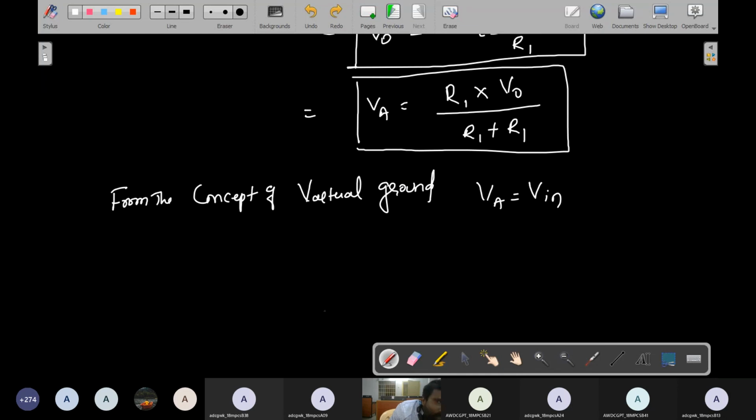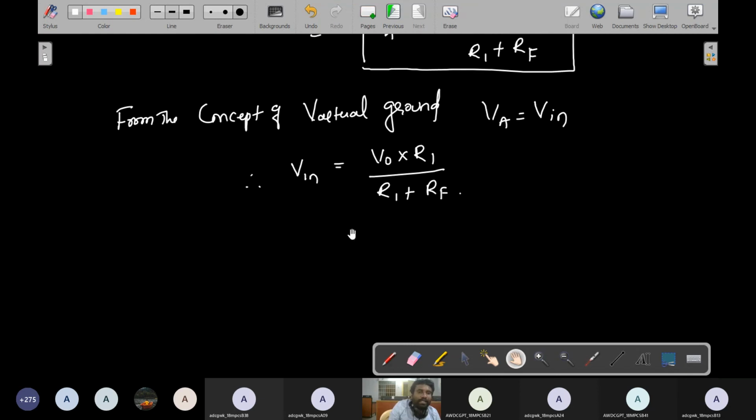Therefore, right now I want to change this equation. Because VA is nothing but Vin, Vin is equal to V0 into R1 divided by R1 plus RF. So I'll get this equation. Now I'll again rearrange this equation in terms of the output voltage V0.